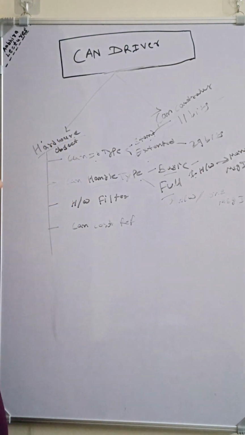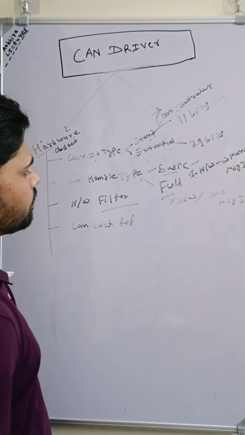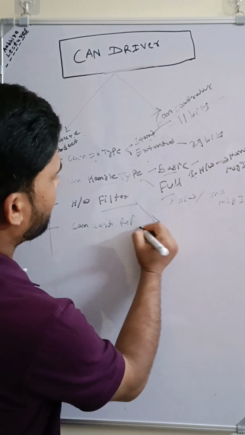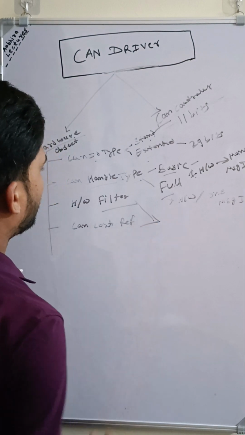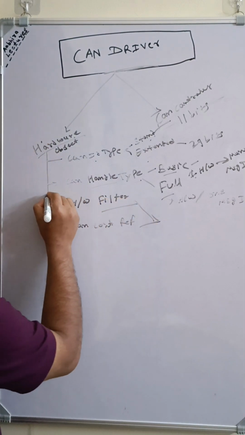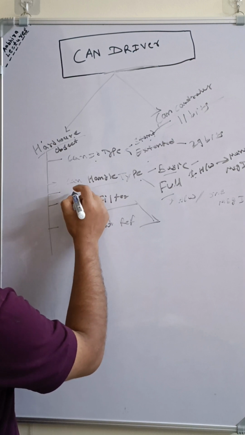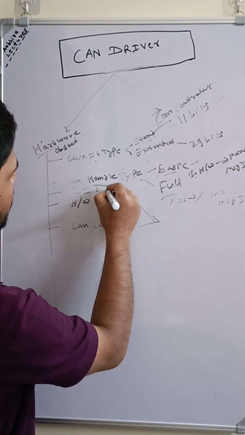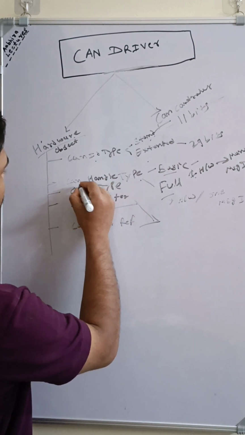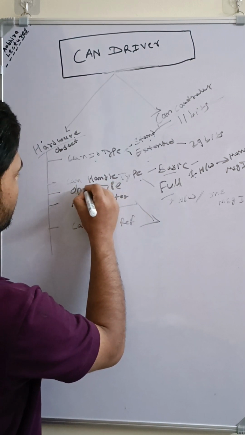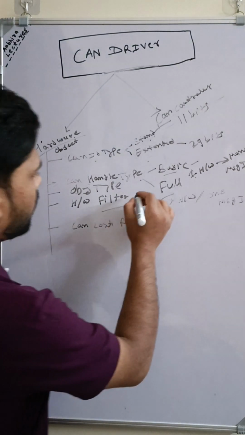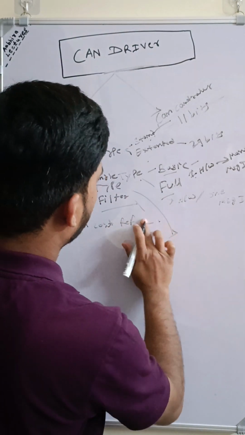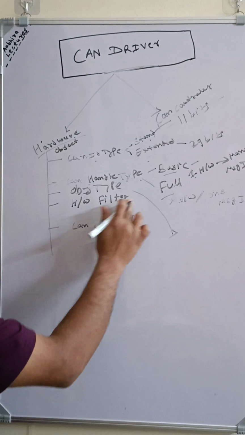Next, coming to the hardware filter. Before that, one more container is there, the object type. In object type, first we will see the object type, then we will discuss the hardware filter.